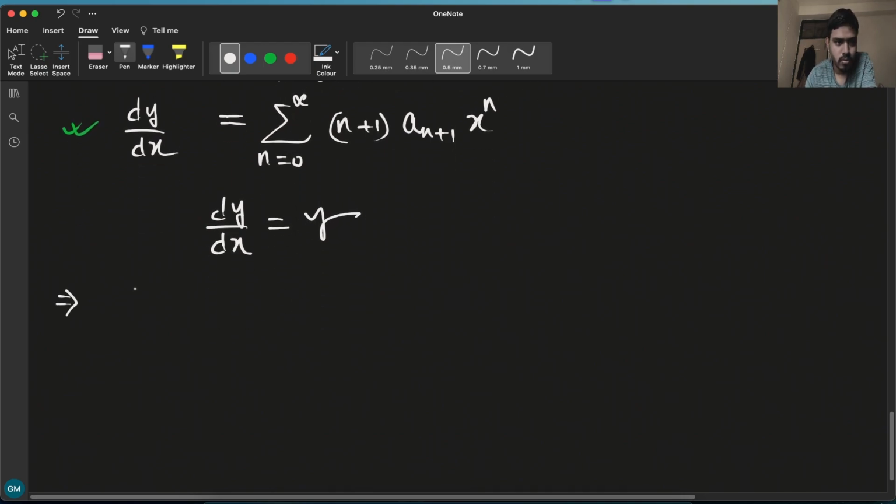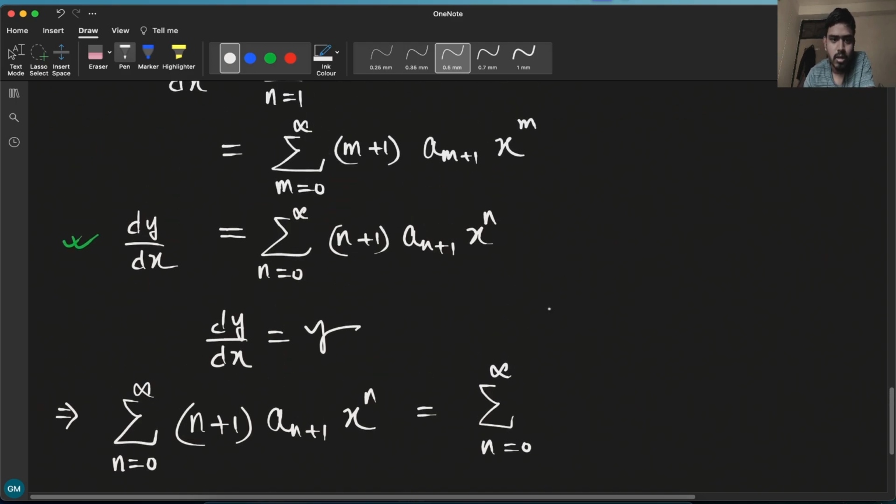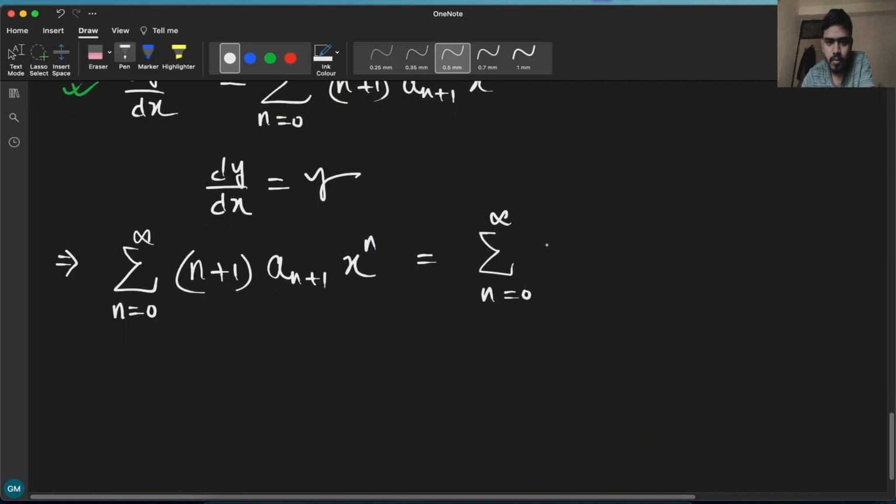Now we will write the series: instead of dy/dx, it is (n plus 1) a_(n+1) x to the power n, and y is the sum from n equals 0 to infinity of a_n x to the power n.